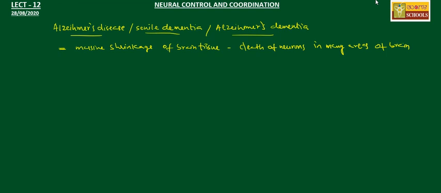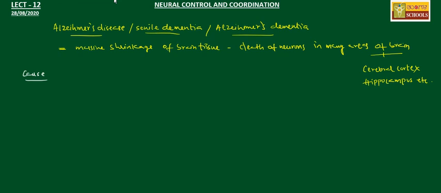As a result, the brain shrinks. These areas include the cerebral cortex, and neurons also die in the hippocampus regions, etc.